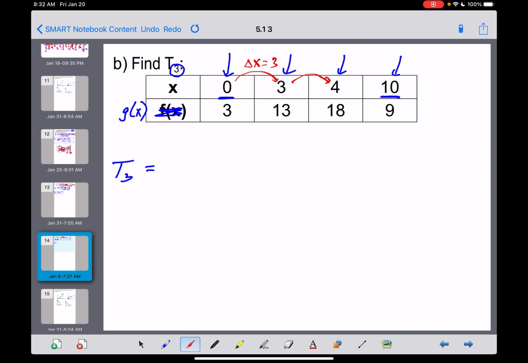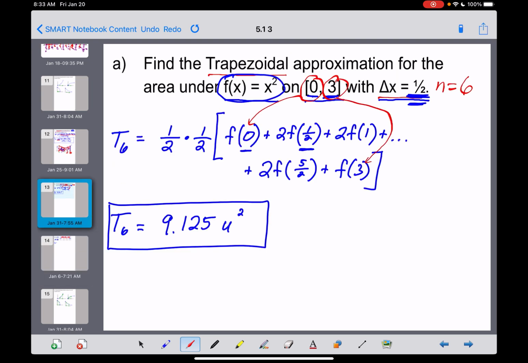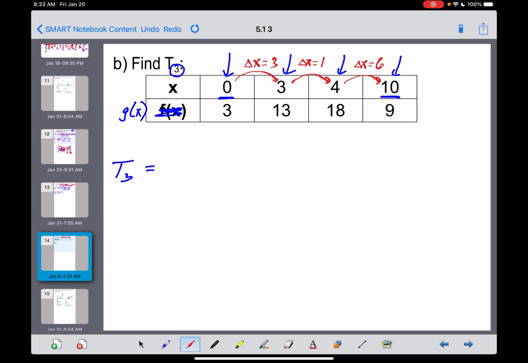But then in the next one I gave you, delta x is equal to 1, and at the end there, delta x is equal to 6. So you can't pull out a delta x in front of this formula if delta x is different each step along the way. You can only pull out a common factor, which you have when we're dealing with regular subintervals, but you don't have when we're dealing with irregular subintervals.